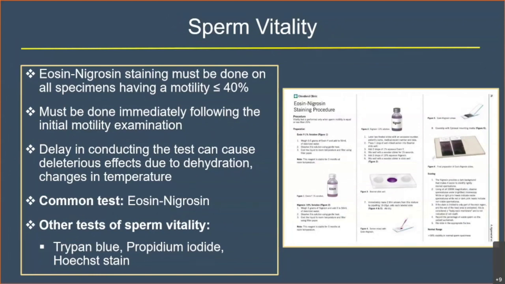This is important because any delay in conducting this test can have deleterious effects because of dehydration or changes in temperature. Eosin-nigrosin is a common test, but there are other tests available such as trypan blue, propidium iodide, and the Hoechst stain. Again, on the right is the brief protocol that was also shared with all of you. Next slide, please.